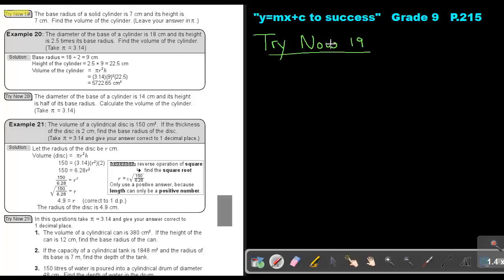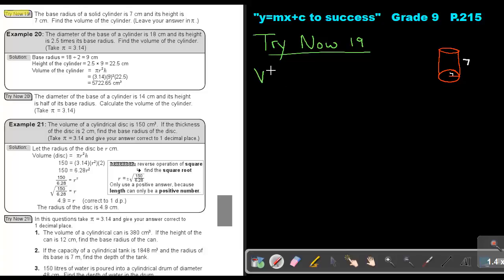Try now 19. So we're going to do a small sketch, very rough. So the radius of the cylinder, and what do they say? They say this is 7. And this is the height, and the height is also 7.